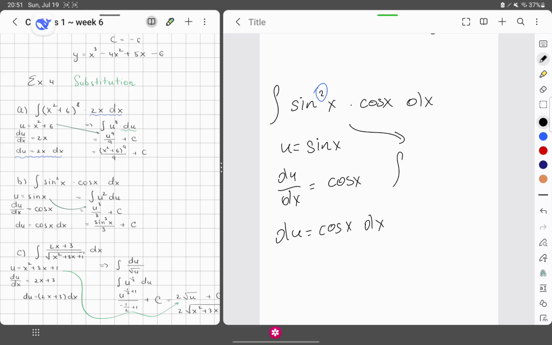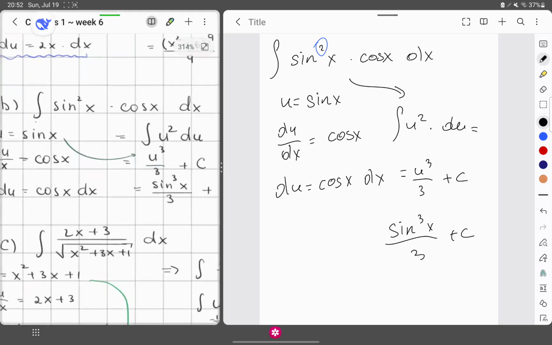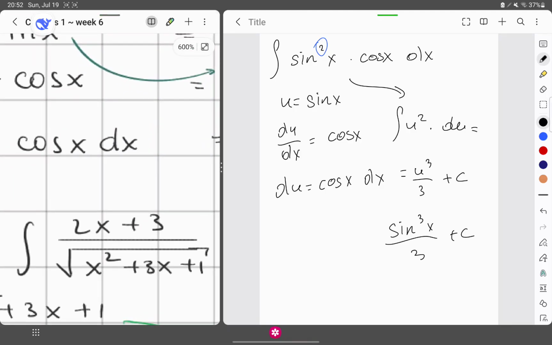Sine square x, where sine x equals u, to the power of 2 times cosine x dx is du, and it will be u to the power of 3 over 3 plus c, and u equals sine cubic x over 3 plus c. Is that true? Okay, well, let's try to do this one.